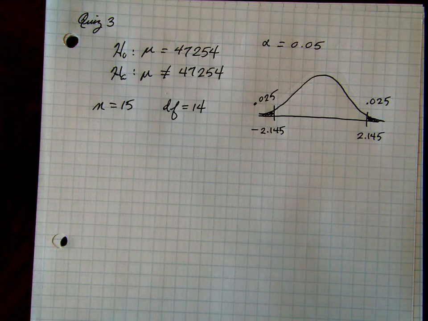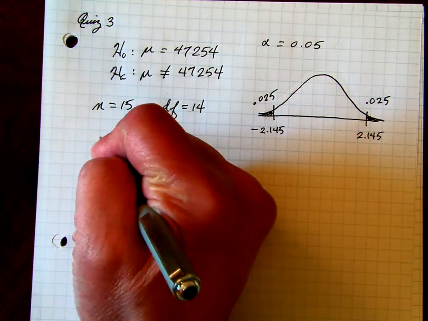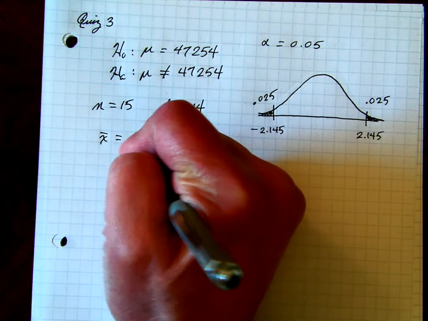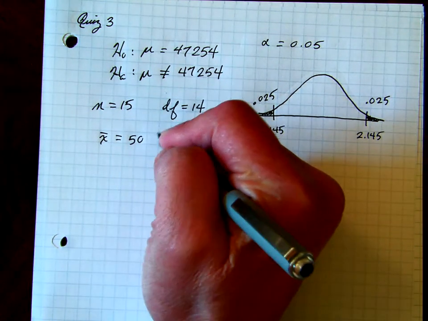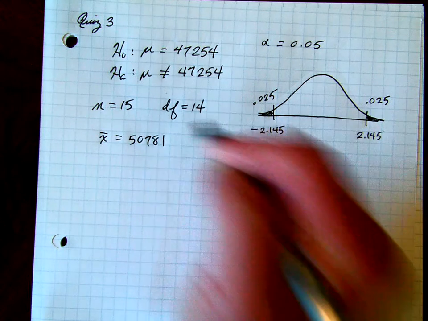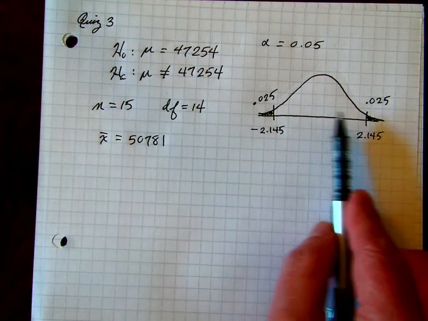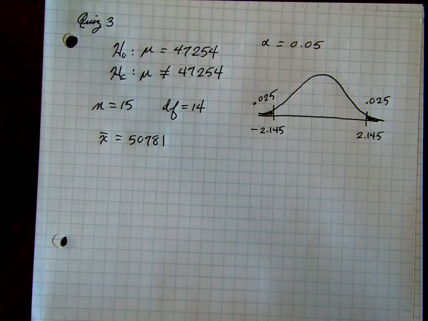What sort of data are we told we have? Well, we're told the following. We're told that our sample mean came out to be $50,781, which is on the high side. Is it high enough to form rejection? Let's find out. We need more information.